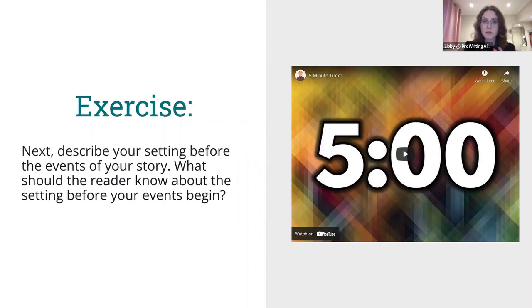What is going to help that reader navigate your world and understand why your characters interact with the setting in the way that they do, whether it's hostile to them and that means that they need to get out of there, or whether there are different plants that you might use later in some sort of remedy, that you establish as being either abundant or very rare, for example. I know that you all know your stories really well, so let's jump in and describe our settings. You've got 5 minutes and your time starts now.